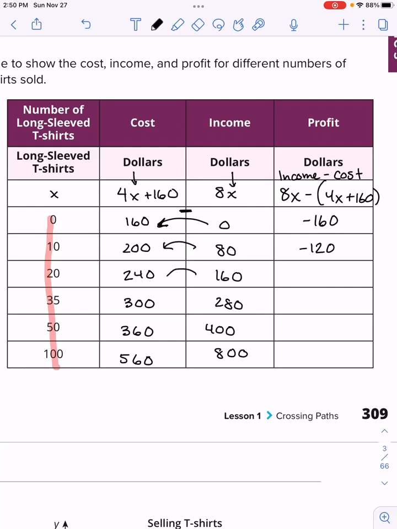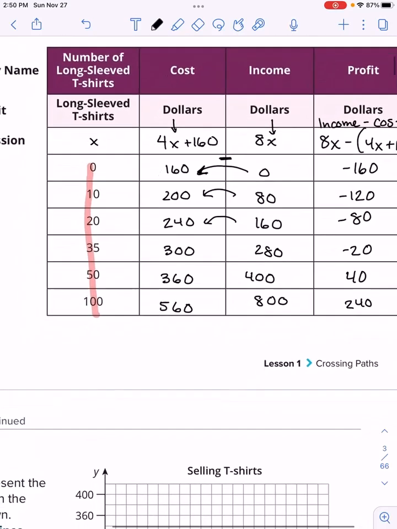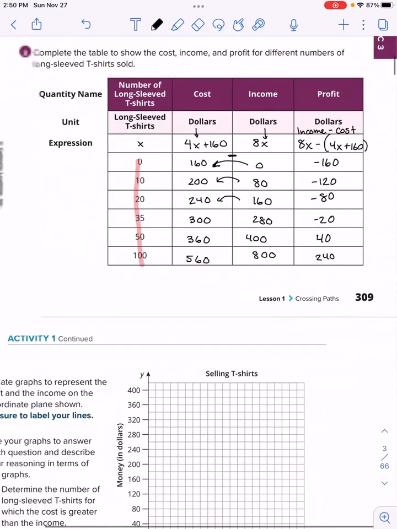Next one, 160 minus 240, that is negative 80. And I'll just give you the rest. This is negative 20. And then now we have positive. We're making $40 in profit. And this last one for 100 shirts is $240. So $240 in profit that we can then spend for whatever the PTO is trying to organize.